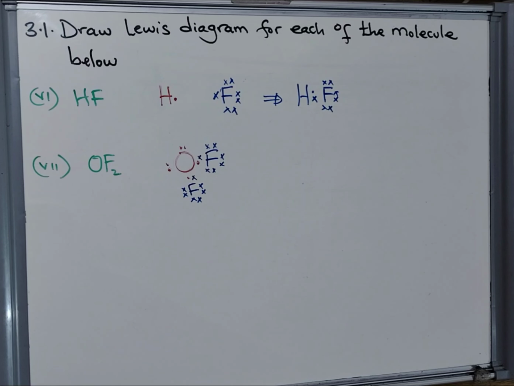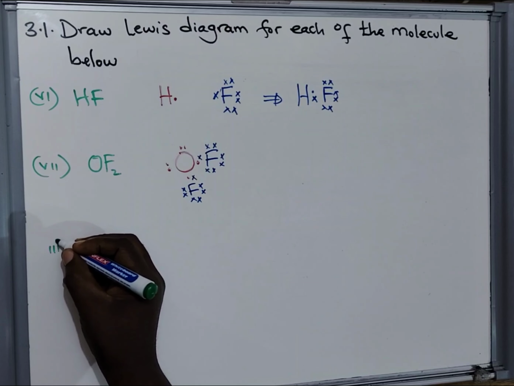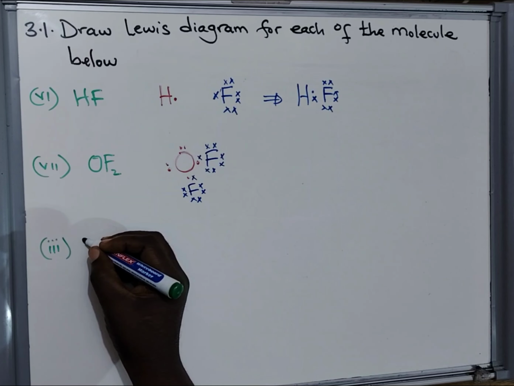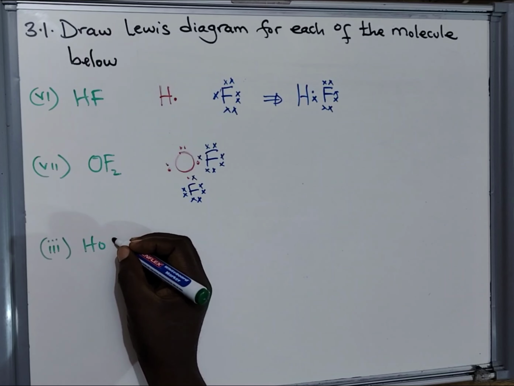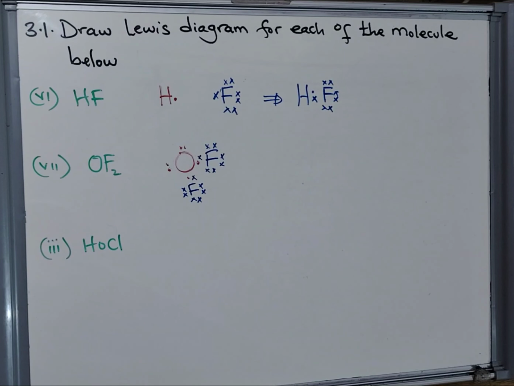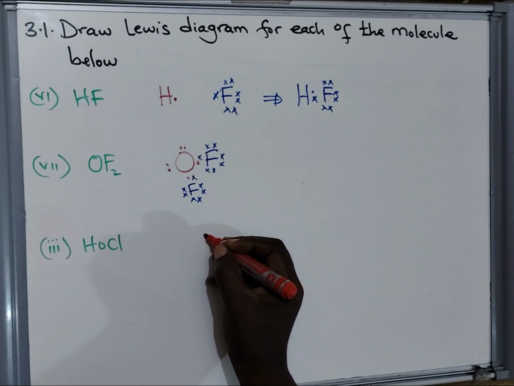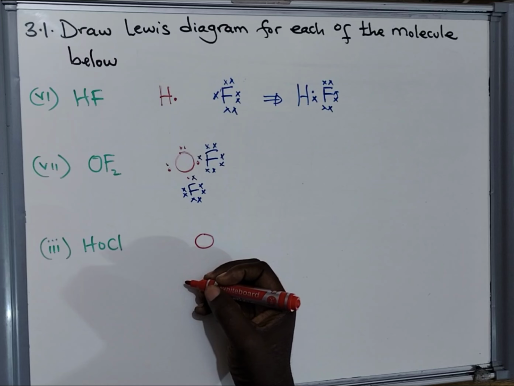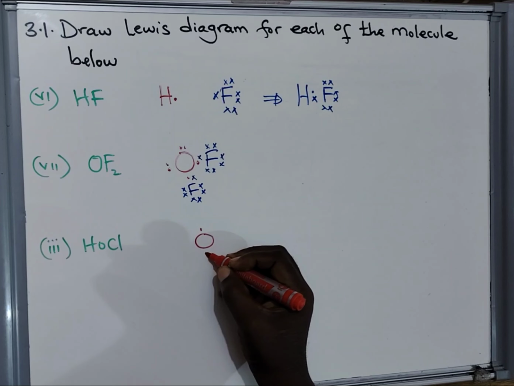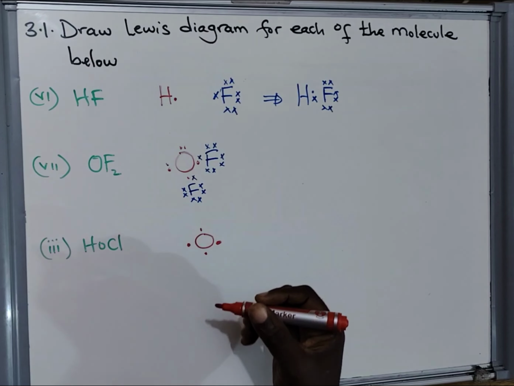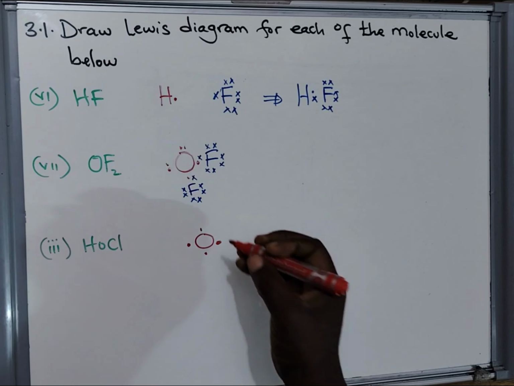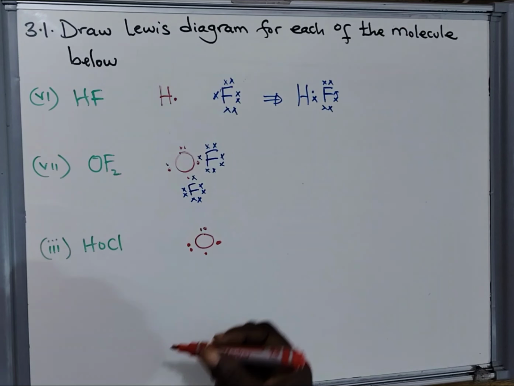Then we go to hypochlorous acid. When you analyze this molecule, what do you notice? You notice that oxygen is the central atom and has 1, 2, 3, 4, 5, 6.